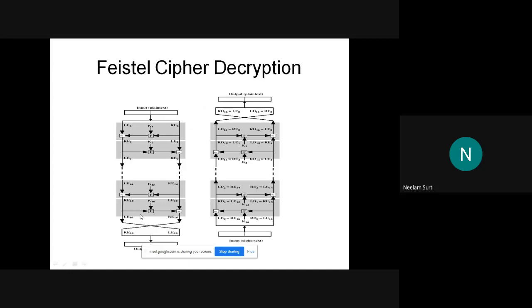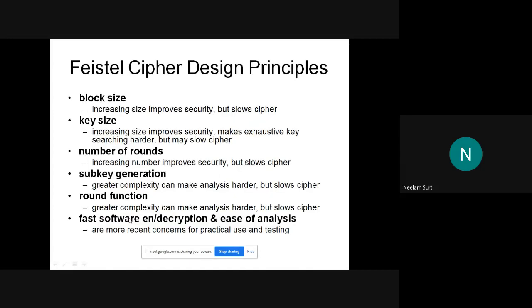What I want to do, I want to develop a cipher, but it should be fast. The software must be fast in doing encryption and decryption, and there should not be any ease of analysis. It should not be easy to analyze the cipher and get the plain text back from the cipher text.